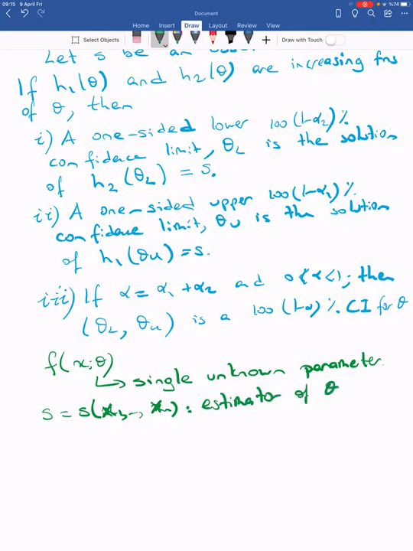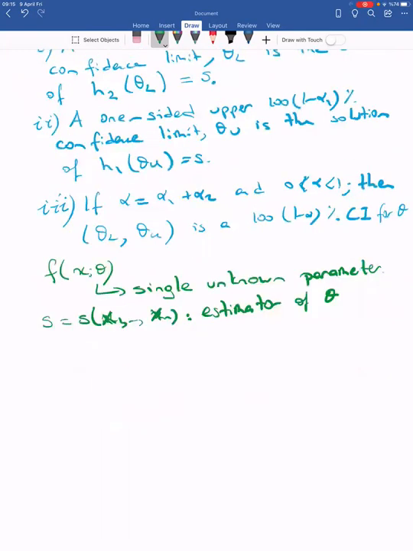First, we need to find the distribution of S. This is S, this is G of S, theta, with this type of shape. Then we need to find the upper and lower bounds for S.